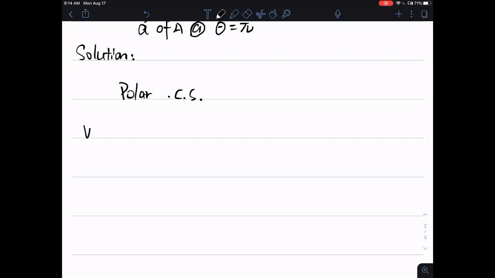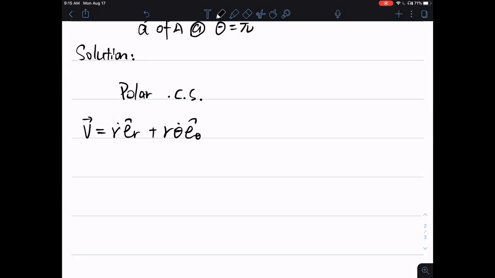The equation for polar is r dot e_r plus r theta dot e_theta. We know the equations, and so if we know what is r dot, what is r, what is theta dot, we will have the answer. That's how straightforward it is.